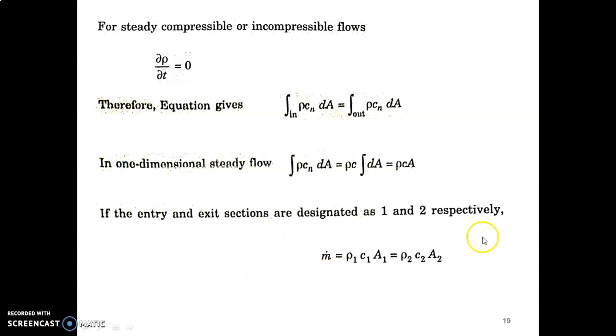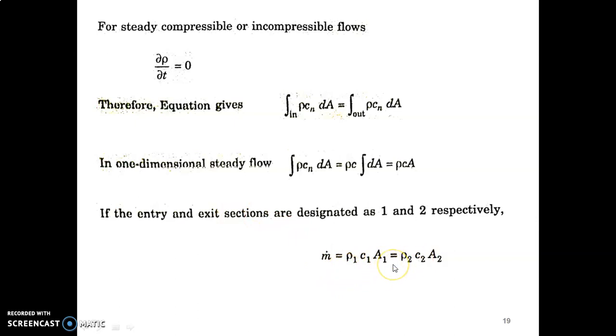But here the conservation of mass, or the continuity theorem, proves that mass flow rate is constant throughout the entire flow. Therefore, we need to consider the density also, since this is a case of compressible fluid flow, because the density value will be varying throughout. That's why we have two density values in entry and exit sections, rho 1 and rho 2.